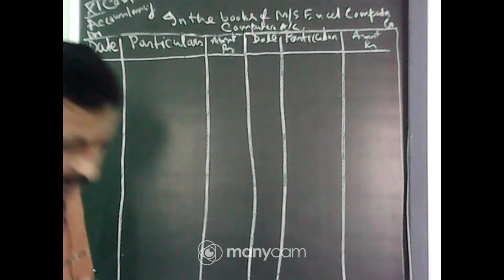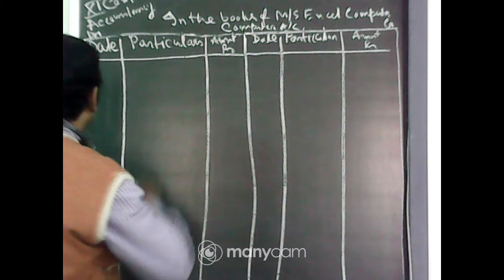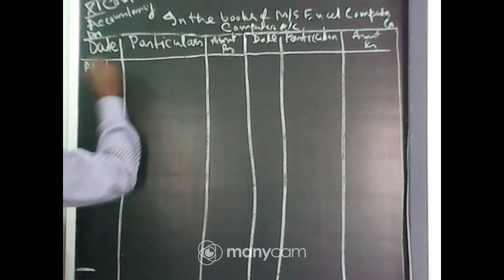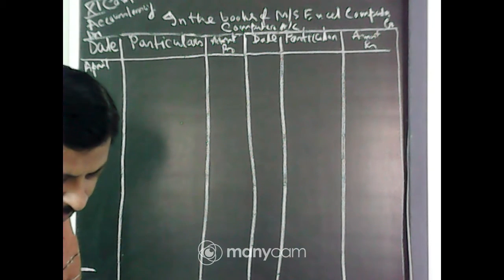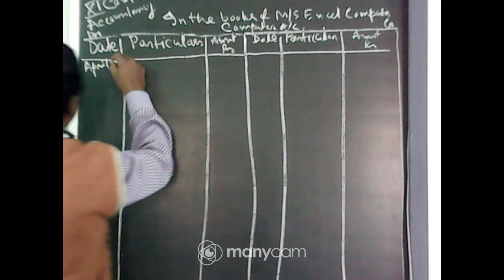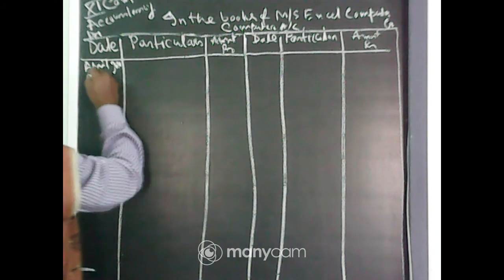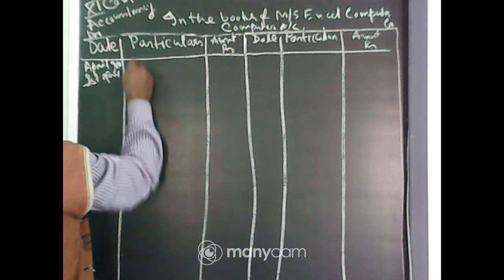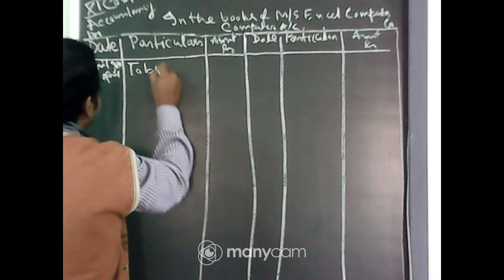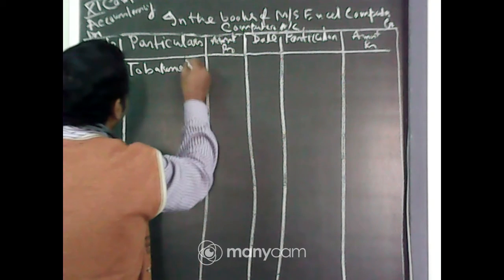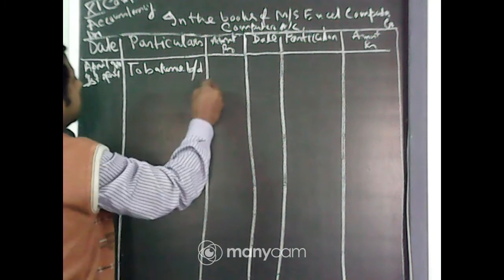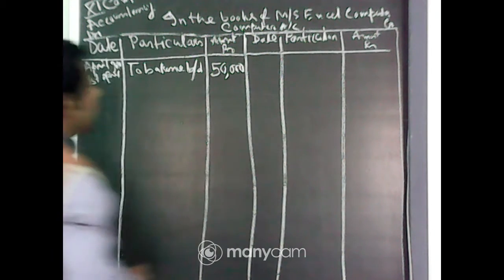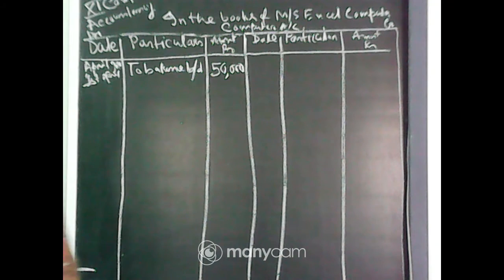So first we write the balance b/d on April 1, 2010, that is 50,000. This balance actually comes after depreciation.